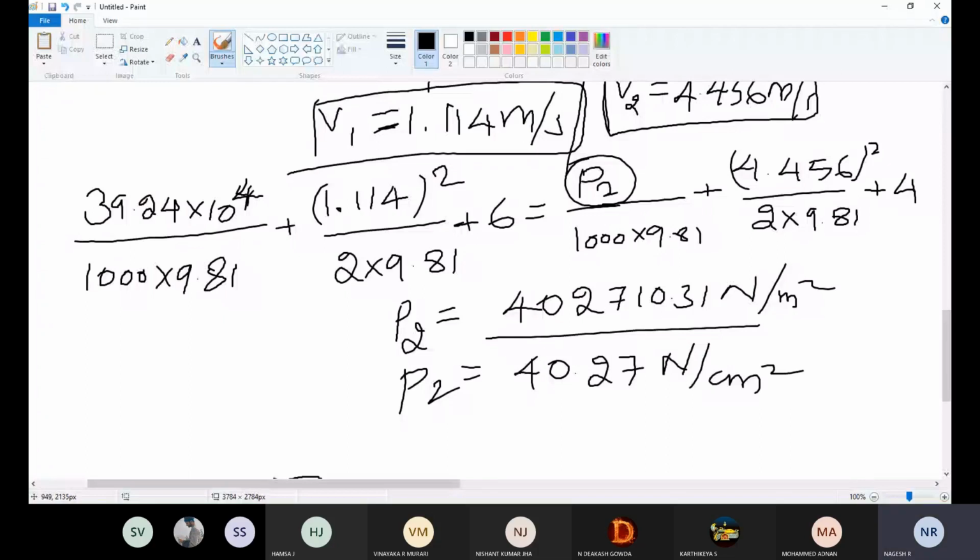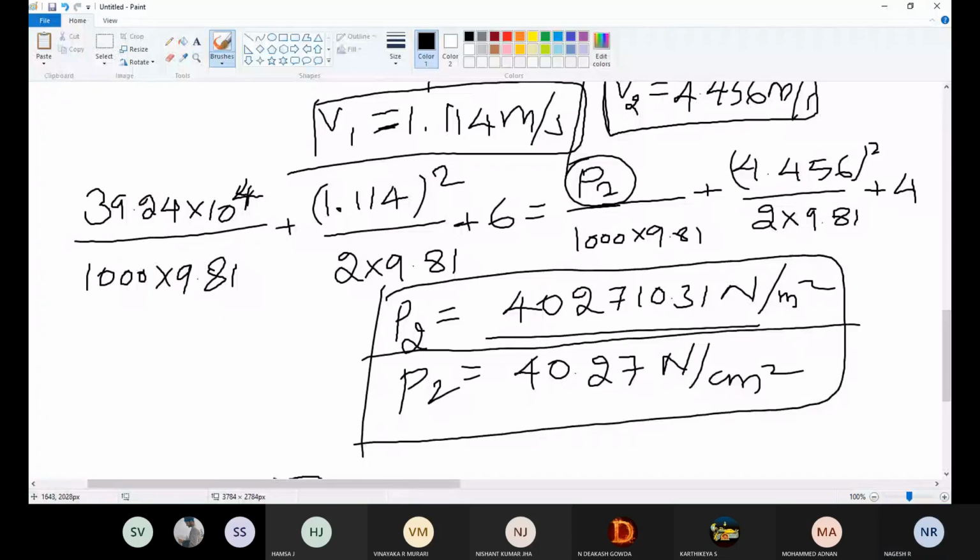Any doubt here? I won't go much fast today because the strength is very less. If I go fast, I would have to repeat.